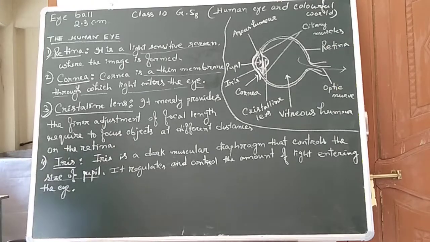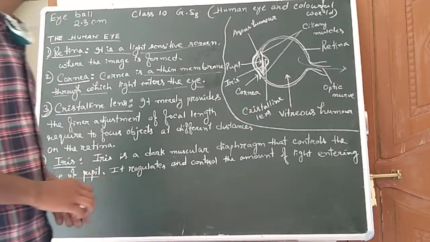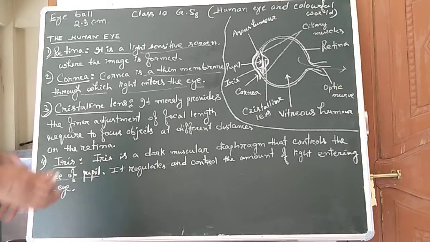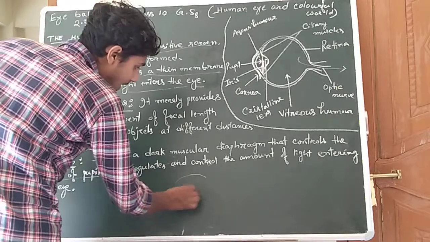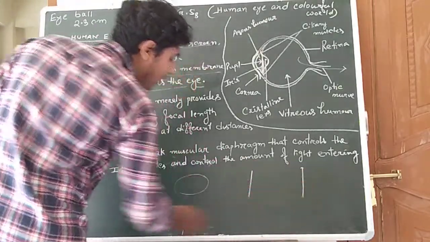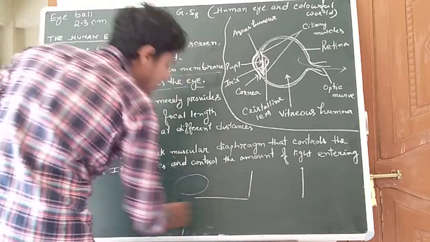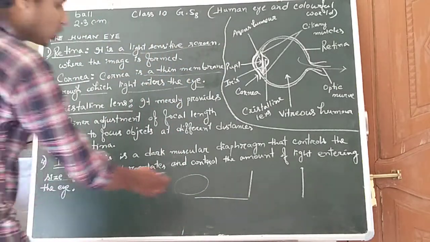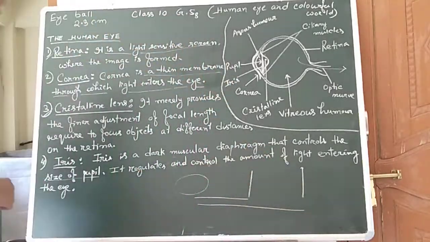You know about the camera, how a mobile camera or DSLR camera works. Suppose your eye is here and two objects are placed at different distances from the eye. To see this object there is one focal length, and to see the other object there is a different focal length.